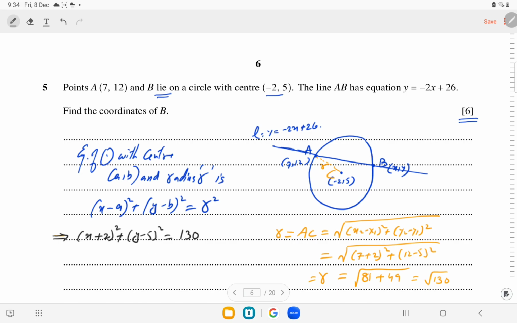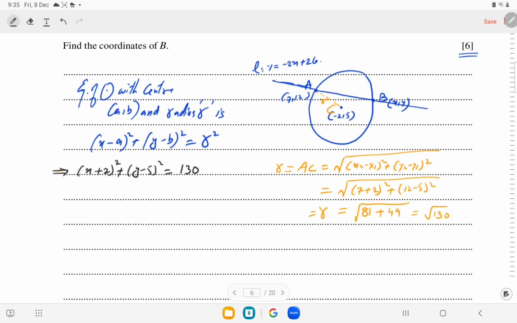Now we have to find the coordinates of B, that is x and y. As it is a point lying on the circle, now we need to expand it because we are looking for the coordinates of B, which is also lying on the circle. So it becomes x square plus 4x plus 4 plus y square minus 10y plus 25 minus 130 equal to 0.